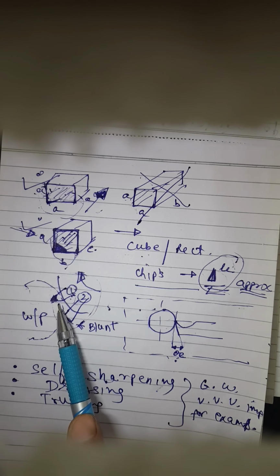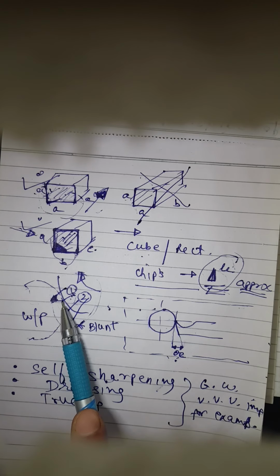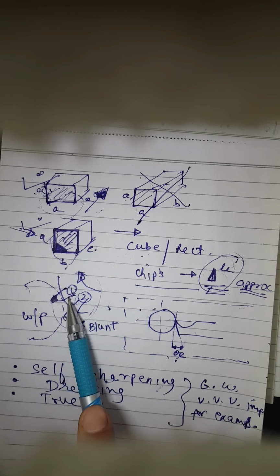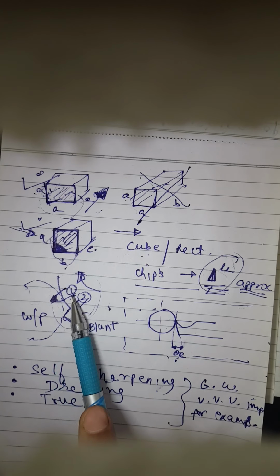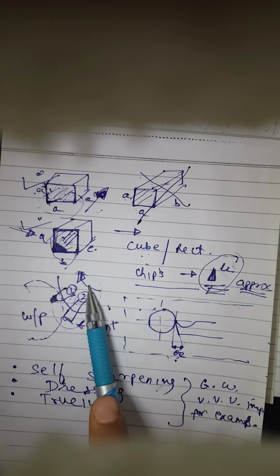So as the rubbing action takes place here, it is not going to remove the material, but the forces exerted would be higher, and with higher forces, it may result in something happening to the abrasive particles.